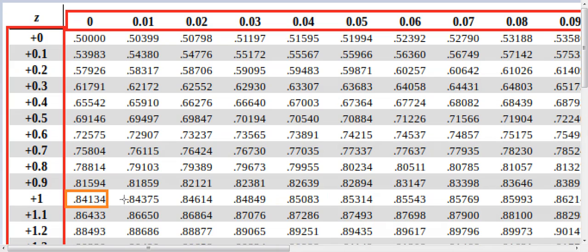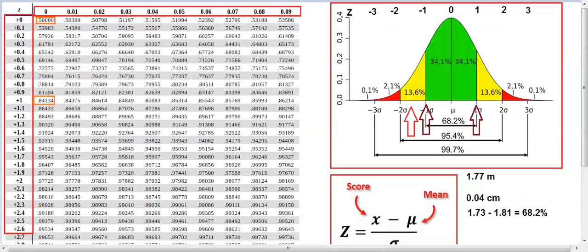Okay, and what do we have exactly at 0? Exactly at 0 we have this number, 0.50, and at +1 we have 0.841. So what is 0 exactly?